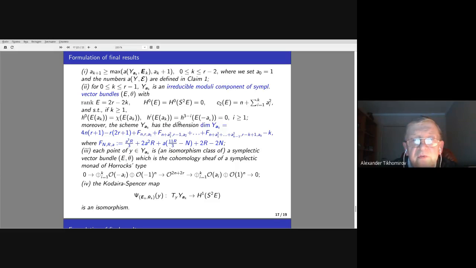So higher cohomology vanishes, and the H0 coincides with the Euler characteristic.